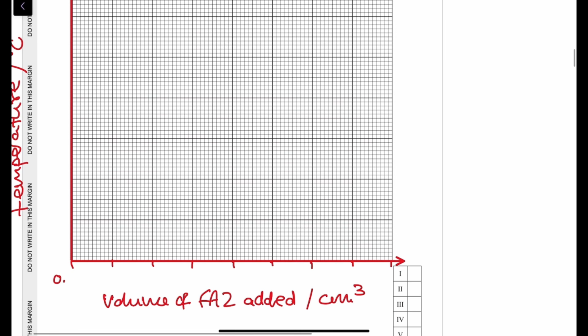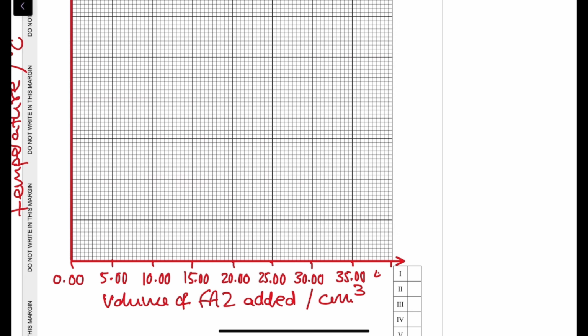So 0.00, 5.00, 10.00, 15.00, 20.00, 25.00, 30.00, 35.00, 40.00.